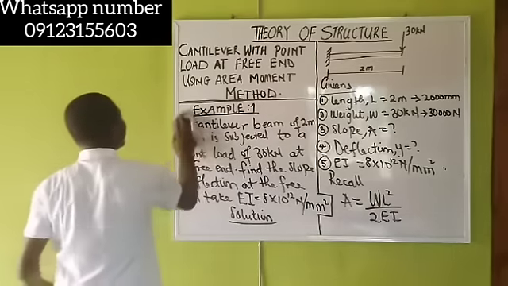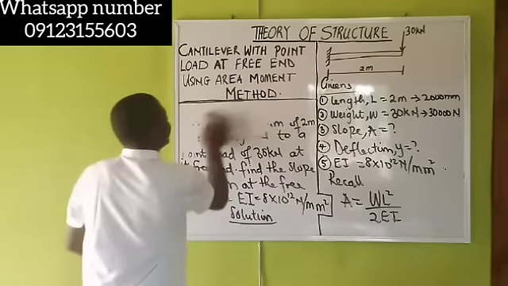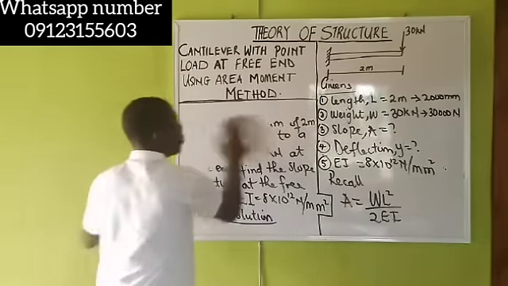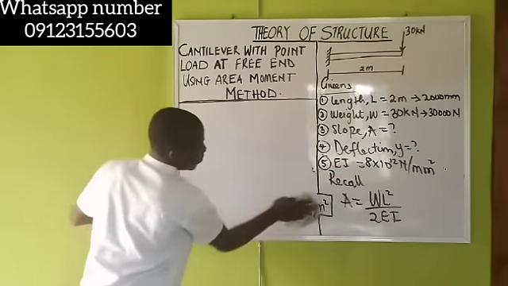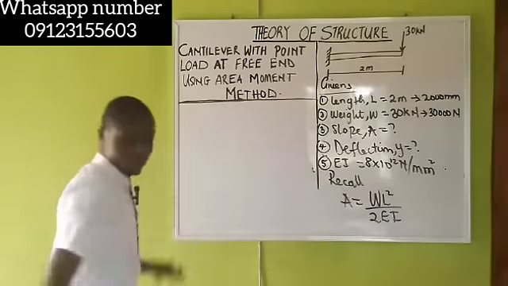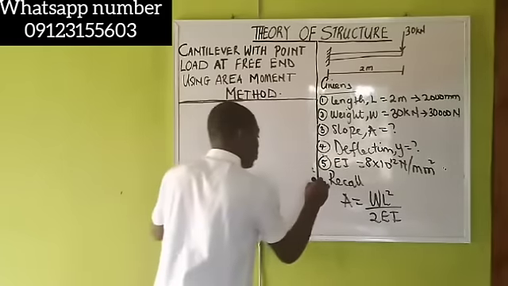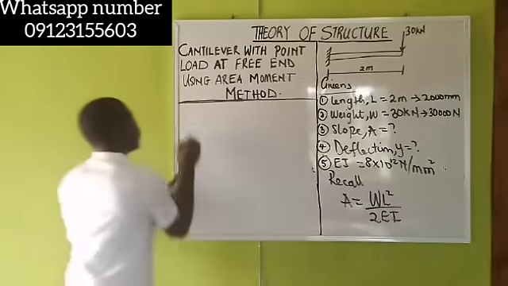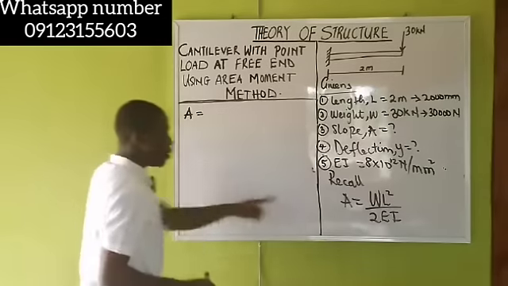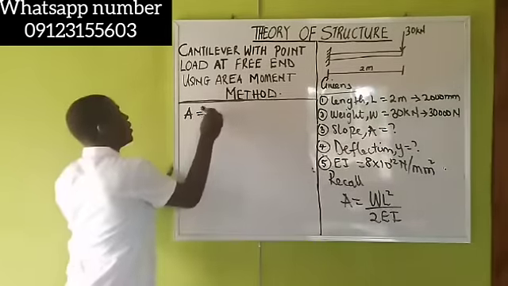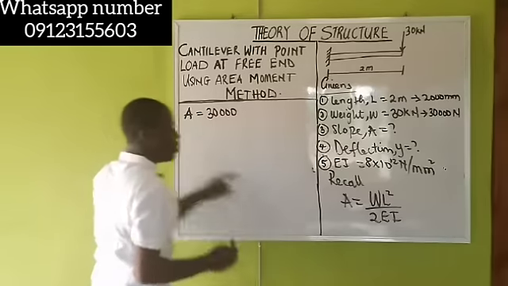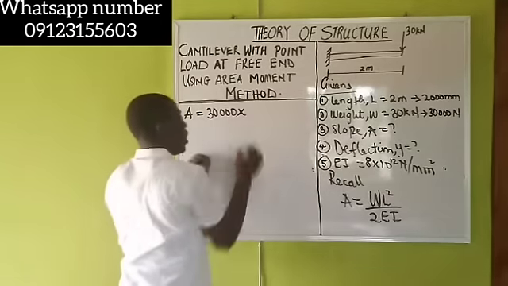Alright, to get my slope, my slope A is equal in value to W, which is 30,000, multiplied by L squared.